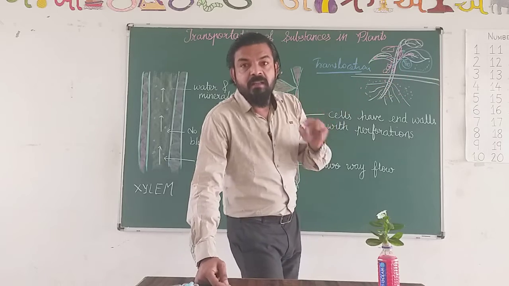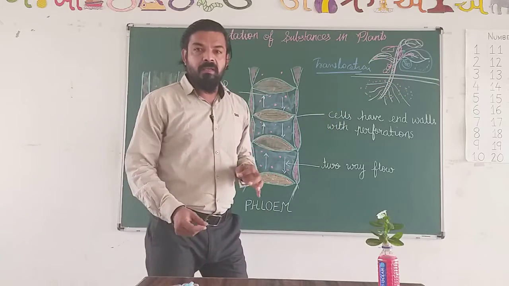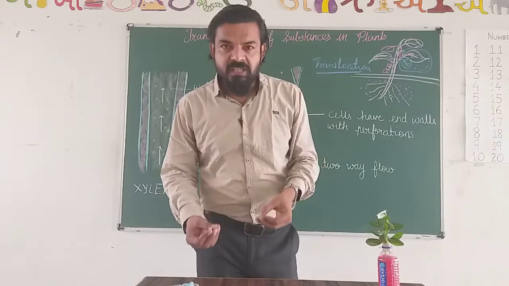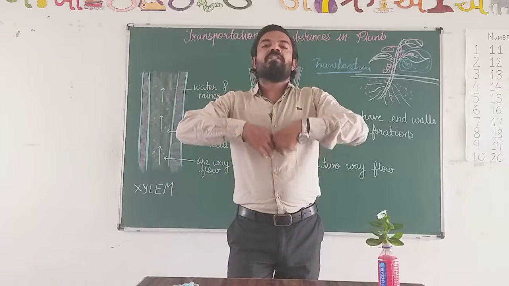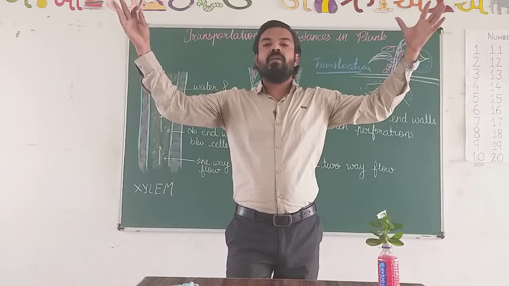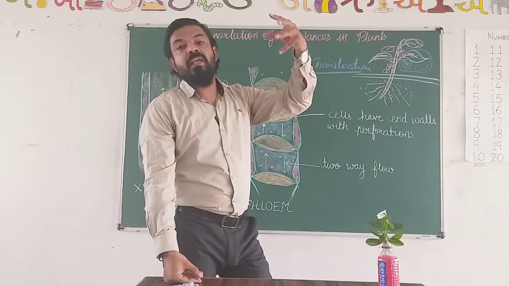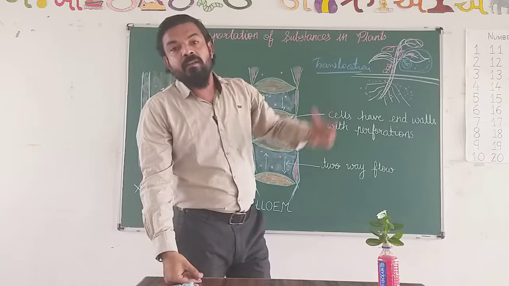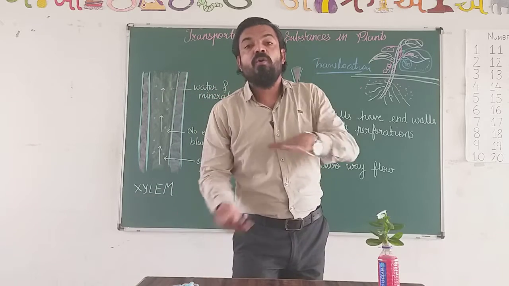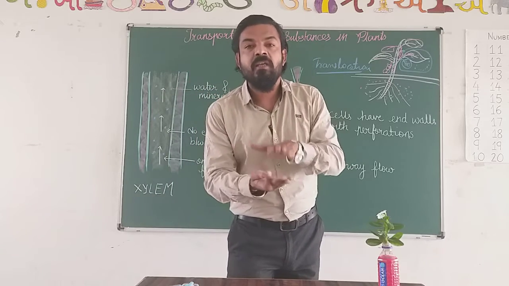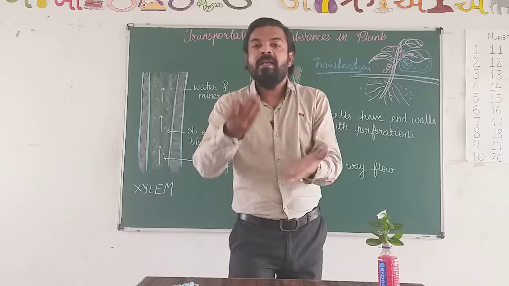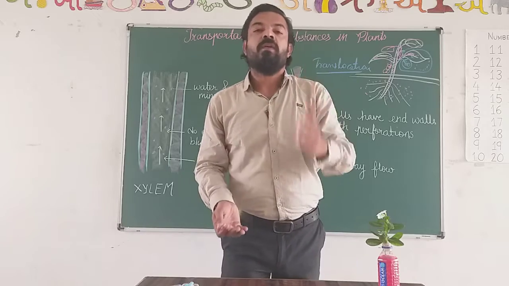And last point, transpiration means the water which is absorbed from the root reaches all parts of the plant, and the leaves, due to evaporation, again throw the water on the surface of the leaves. This process is known as transpiration.